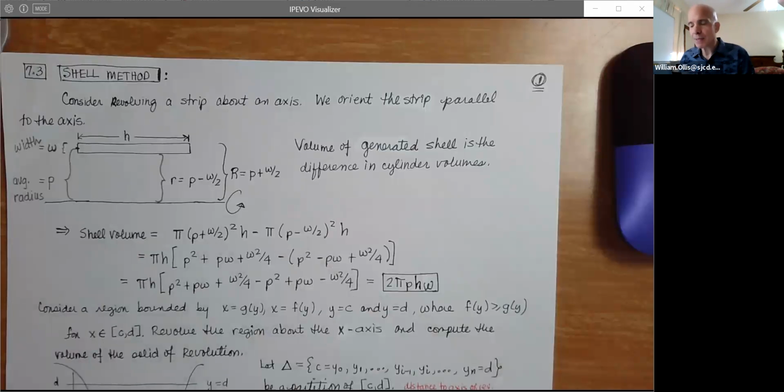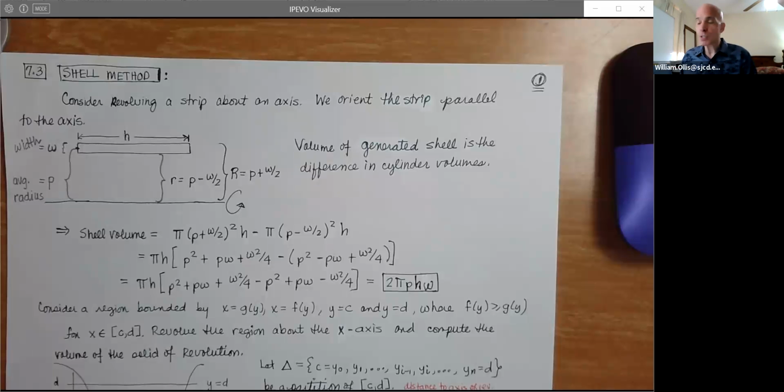And what happens is that there might be instances where the shell method may be simpler. There may be instances where you try the shell method, like you see in your notes, where the shell method is exceedingly difficult and the disc method is easier.